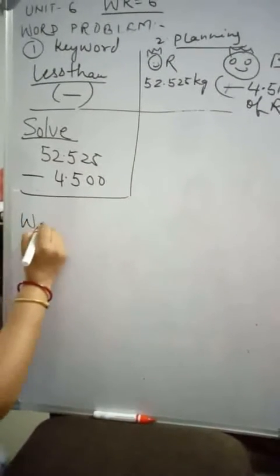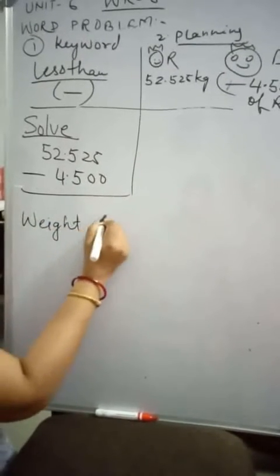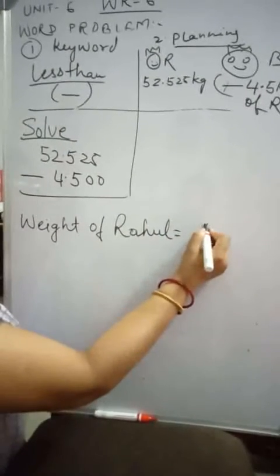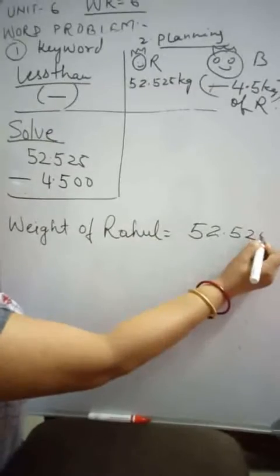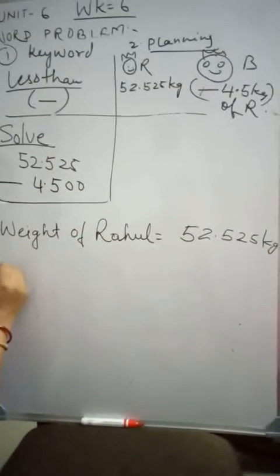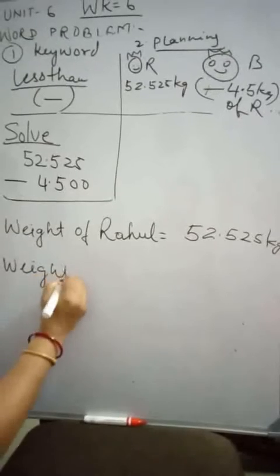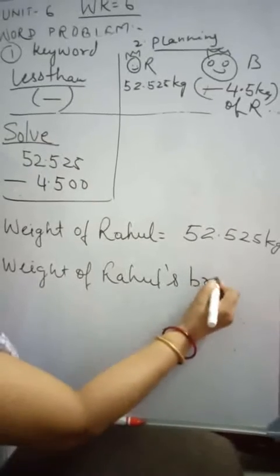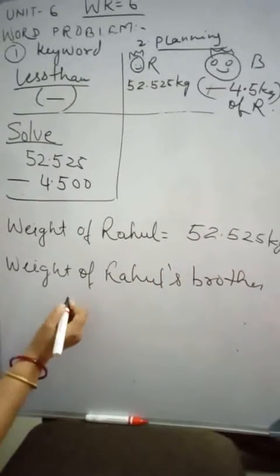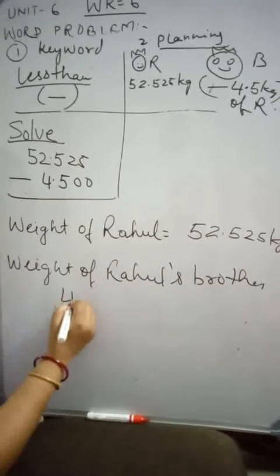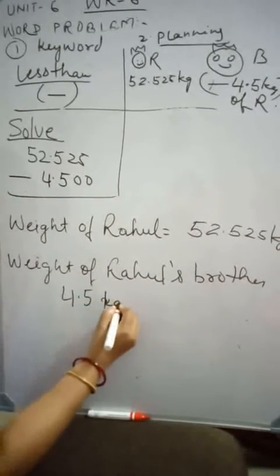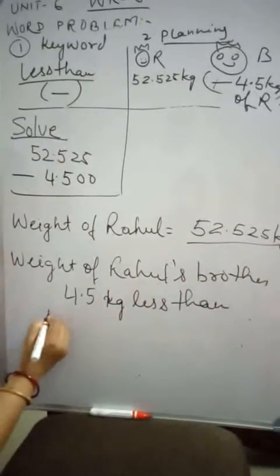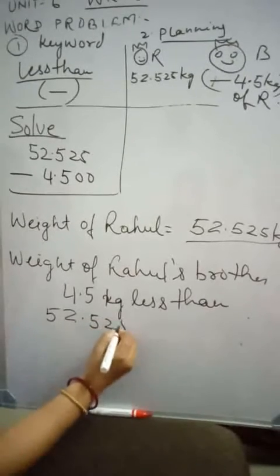The weight of Rahul is equal to 52.525 kilogram, and the weight of Rahul's brother is 4.5 kilogram less than the weight of Rahul, that is 52.525 kilogram.